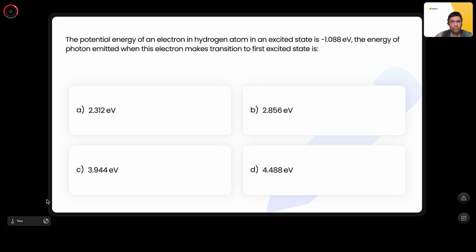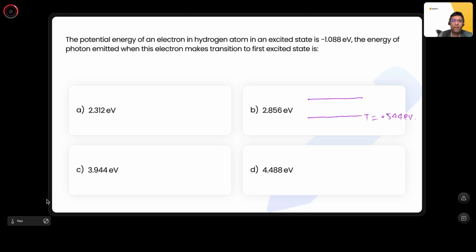All right. The potential energy of an electron in a hydrogen atom in an excited state is 1.088 electron volt. The energy of the photon emitted when the electron makes a transition to the first excited state. So okay, let's see. Potential energy is 1.088, so the total energy will become 0.544 electron volts.